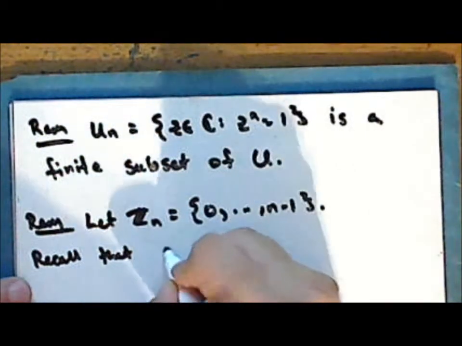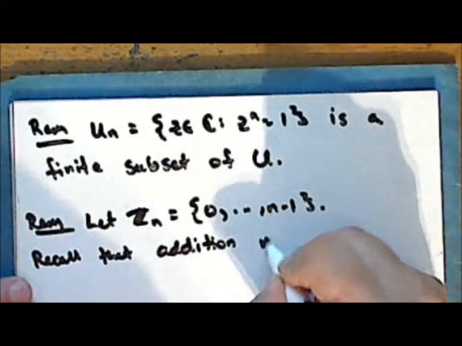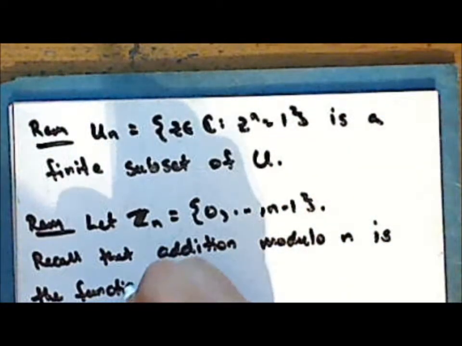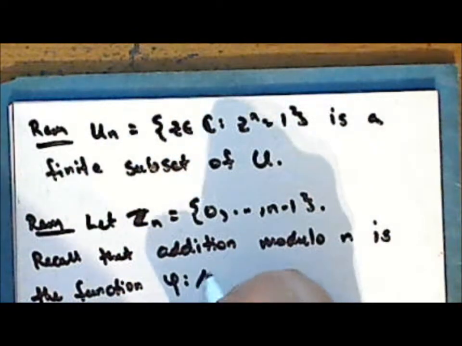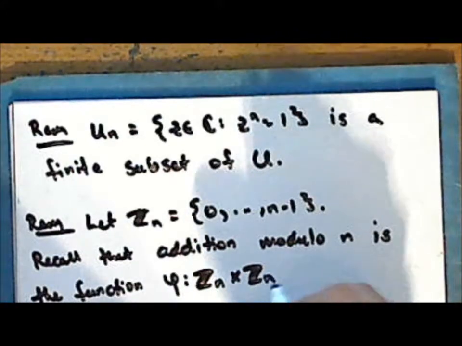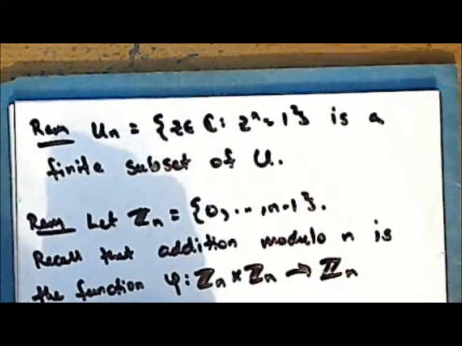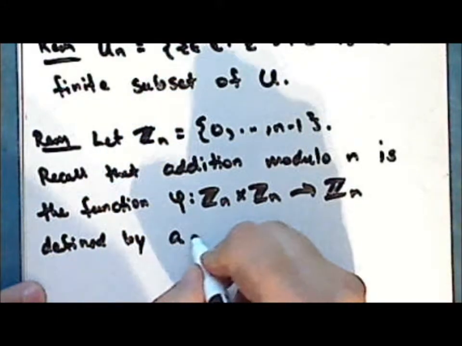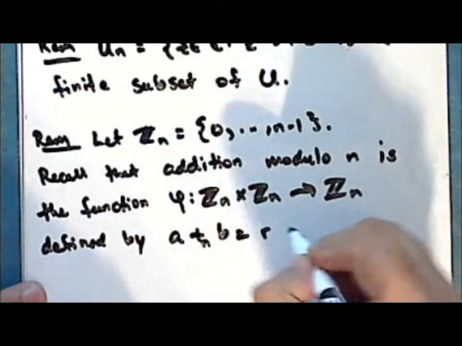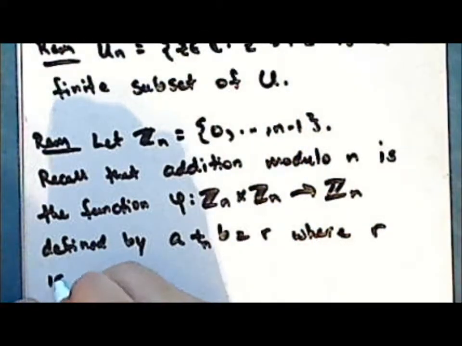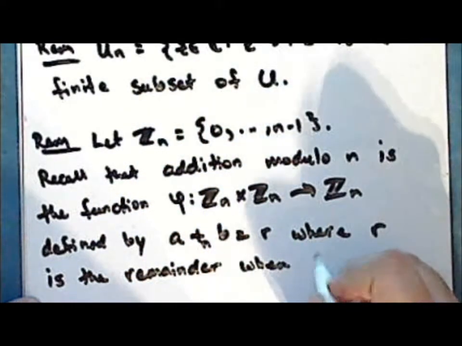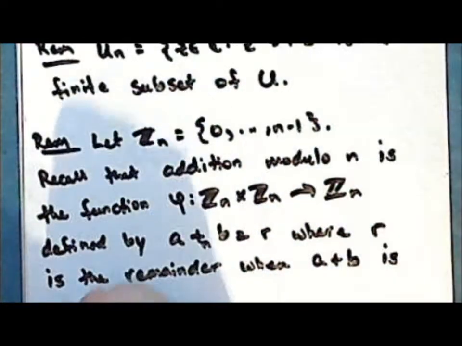Recall that addition modulo n is the function, which once again we'll call phi, mapping ordered pairs of integers modulo n back into itself, defined by a plus b mod n is the number r, where r is the remainder when the normal sum a plus b is divided by the integer n.